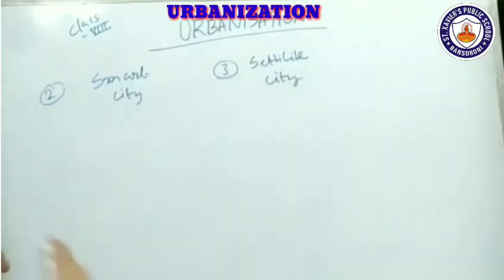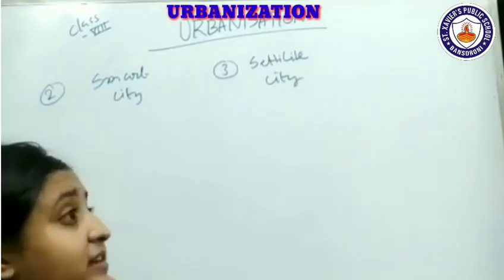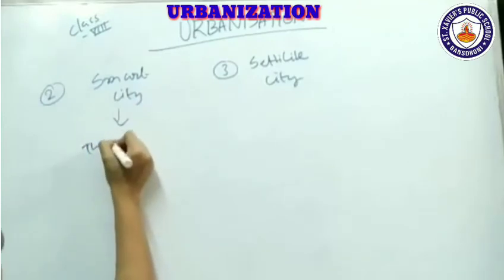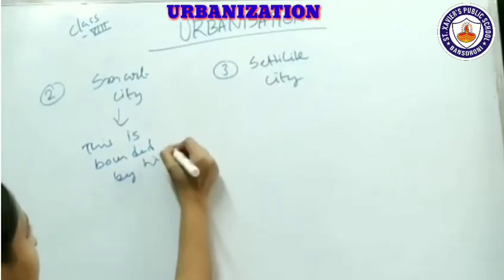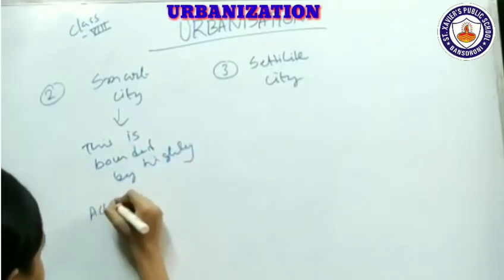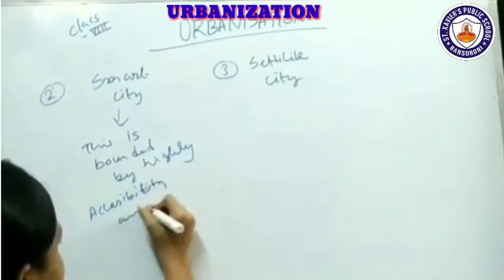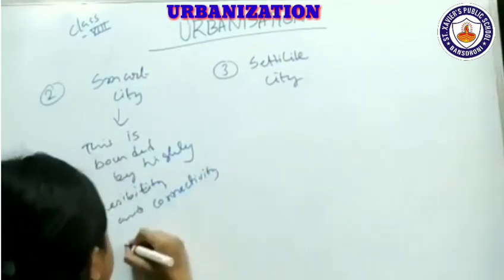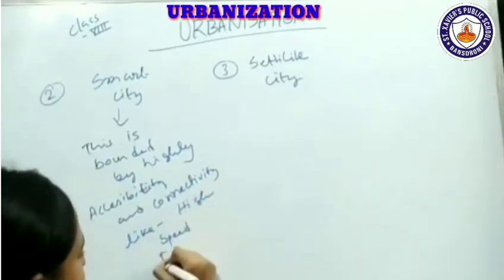In a smart city, the whole city is highly connected with the network, I mean accessibility and connectivity, with highly broadband and online connection. So this is bound by high accessibility and connectivity, like high speed internet service.